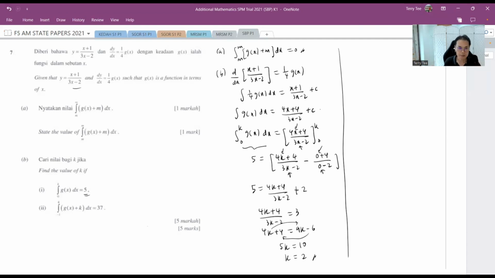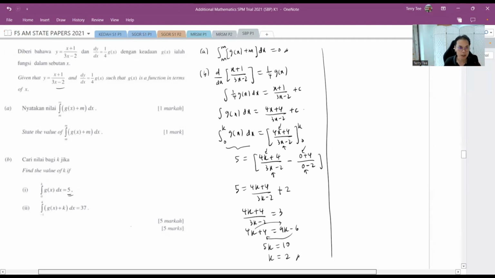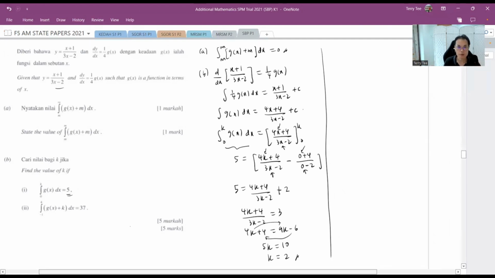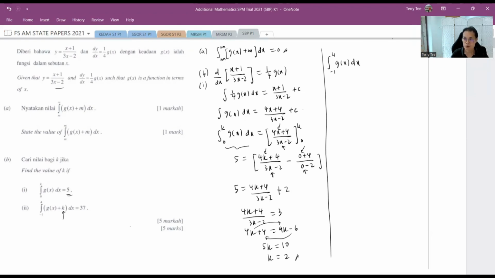All right, second part. This is only B Roman 1, B Roman 2. Find the value of k when we integrate from negative 1 to 4 of g(x) plus k dx. It is now 37. Okay, so we first break this up: negative 1 to 4 of g(x) dx, plus the integral from negative 1 to 4 of k dx.